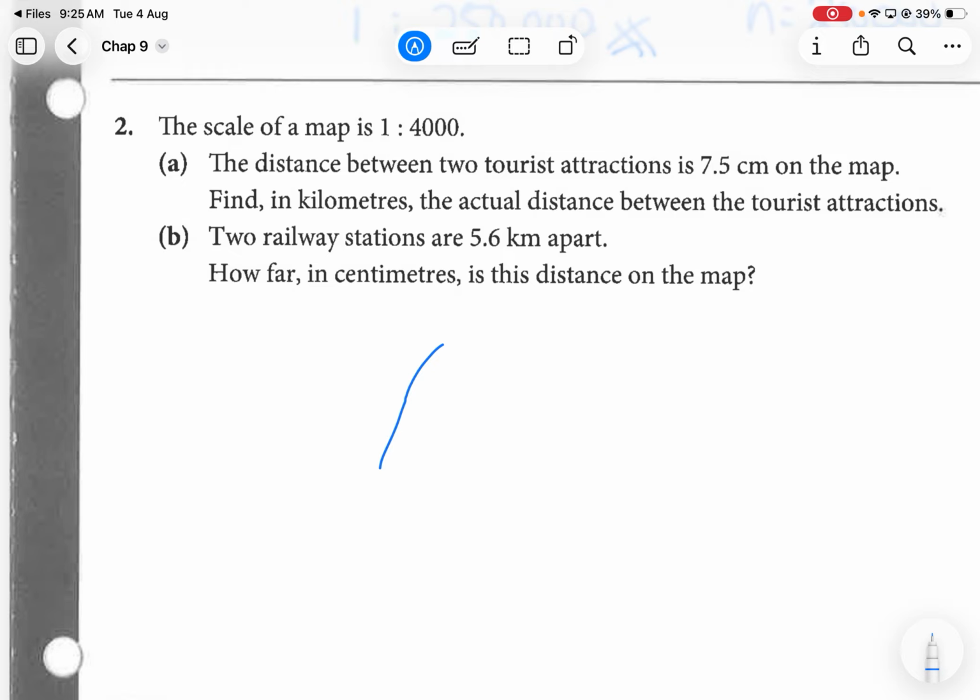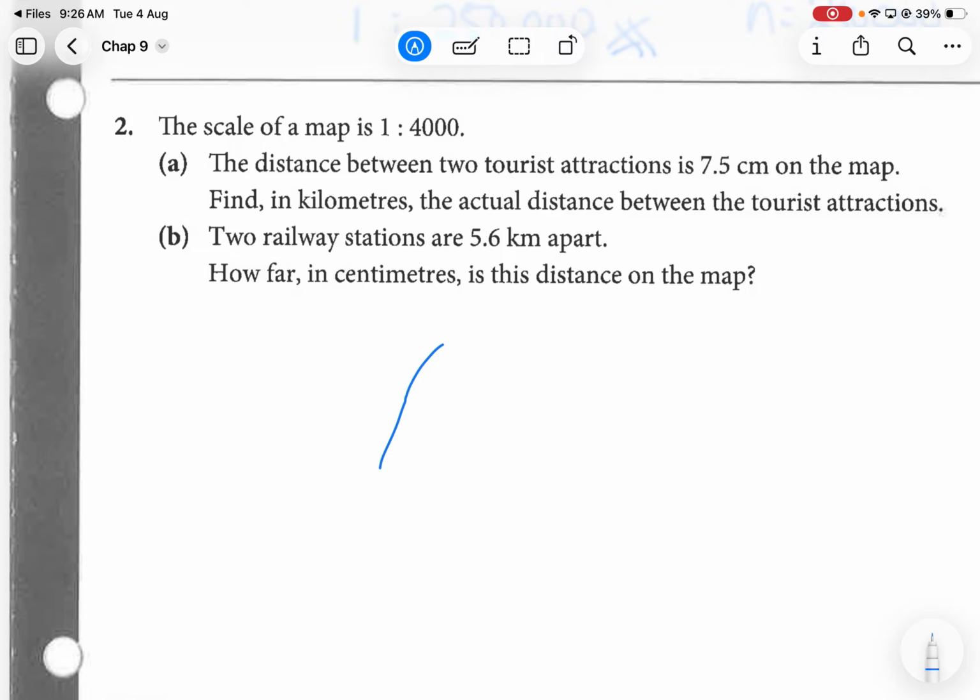It means it is multiplied by 4,000. Because 1:4,000, that means 7.5 is to how much? So this is putting your ratio and your similarity together. If I multiply 7.5 by 4,000, I will have 30,000. But this 30,000, what is the unit?